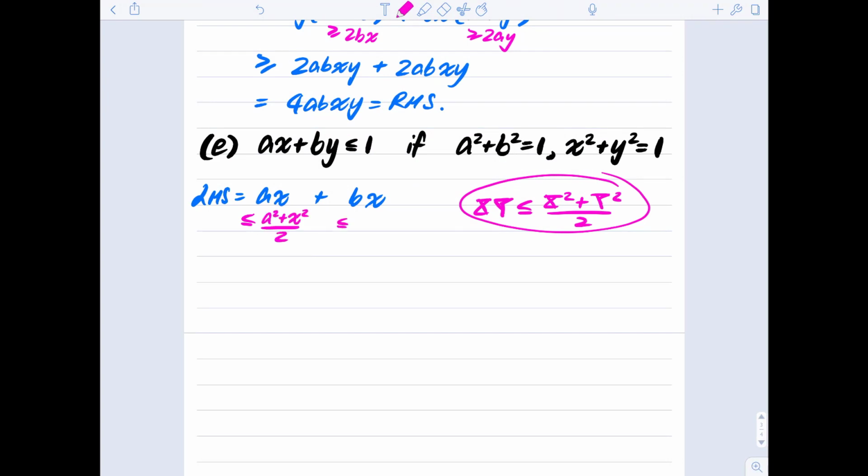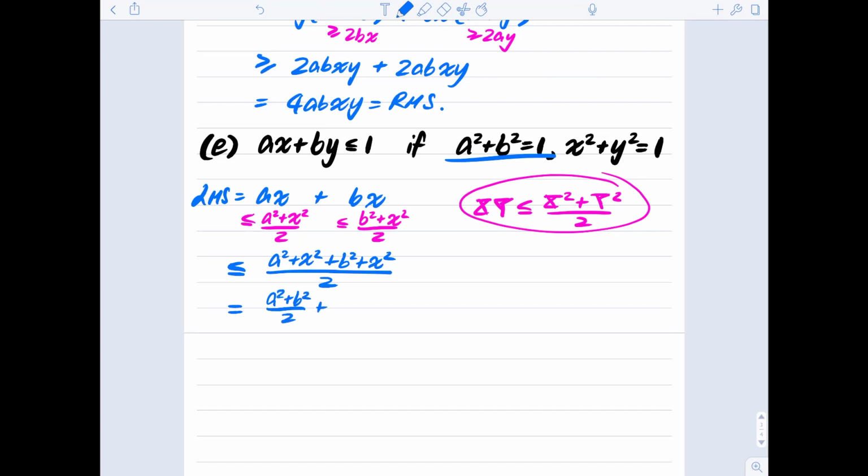Same with this, each individual squared, divide by 2. And I think you'll see it works amazingly. So therefore this expression is smaller than a squared plus x squared, they're all on 2, plus b squared plus x squared on 2. And this thing is, look, a squared plus b squared, I should group together.